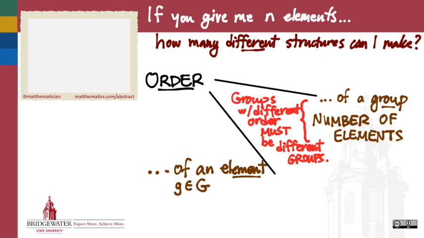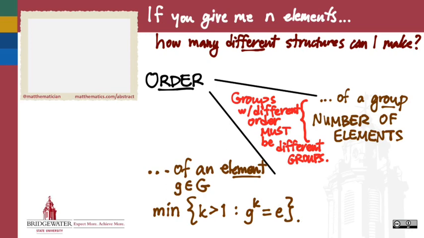The order of the element g is an answer to the question, how many times do I have to multiply g by itself before that product becomes the identity element in my group. So this is defined to be the minimum such number. It's the minimum positive integer k such that g to the k power is equal to the identity element in my group.